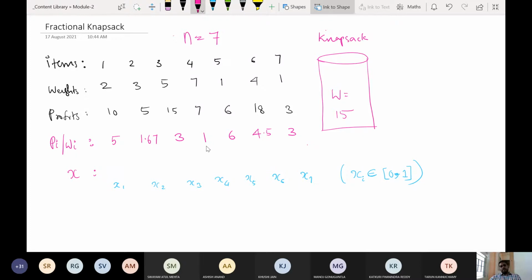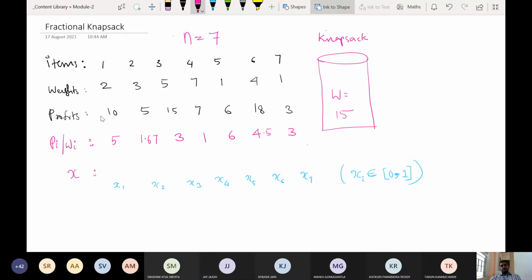But what is your idea? Any naive idea? We will sort the items according to their profits in descending order. Then we will pick one by one and keep adding the weight, fill the container, and always after inserting the first item, we will check the weight like that.